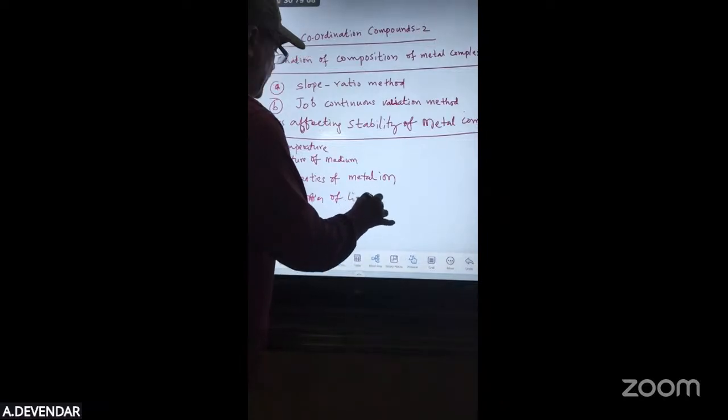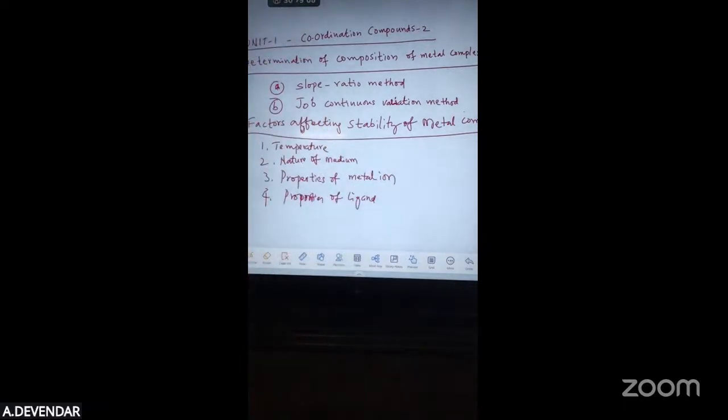These are the 4 factors that affect the stability of the metal complex.